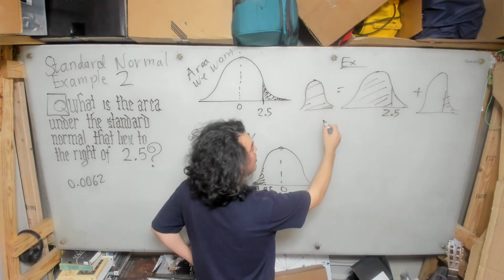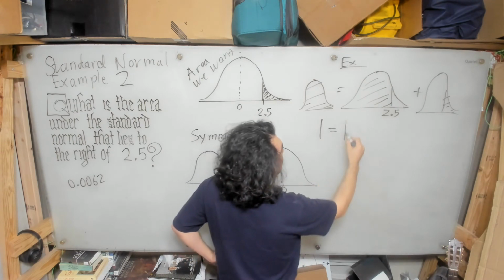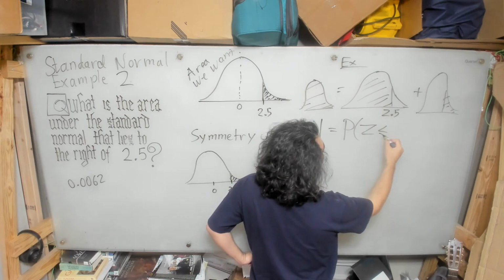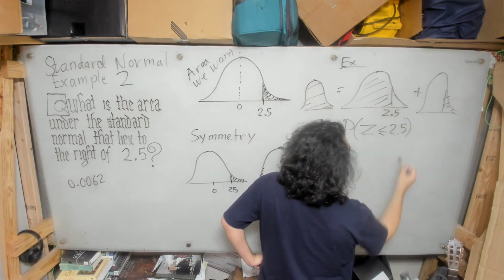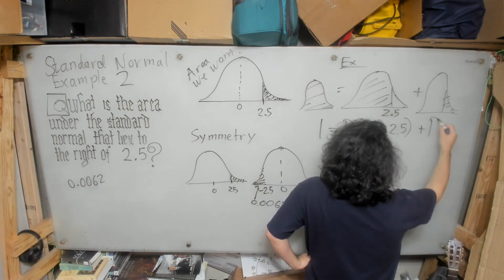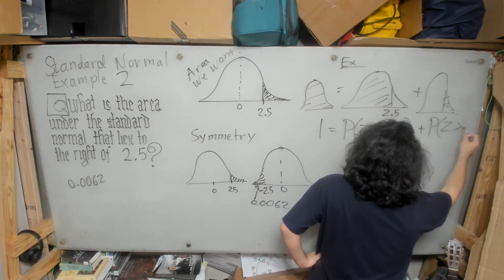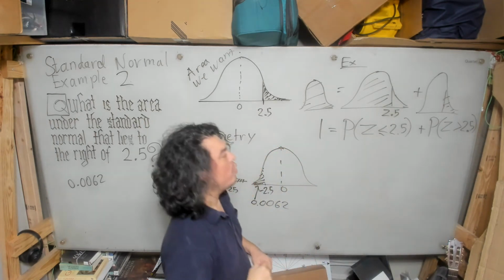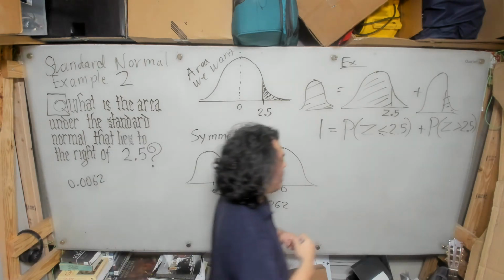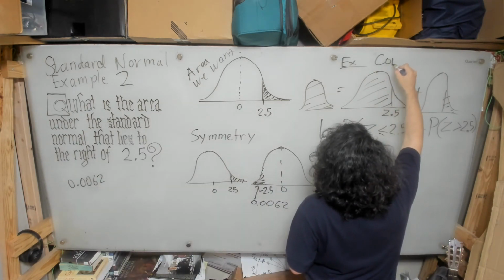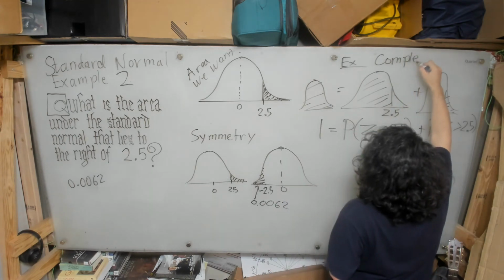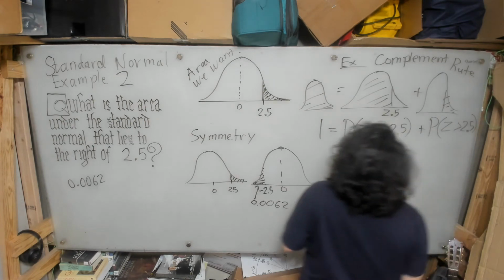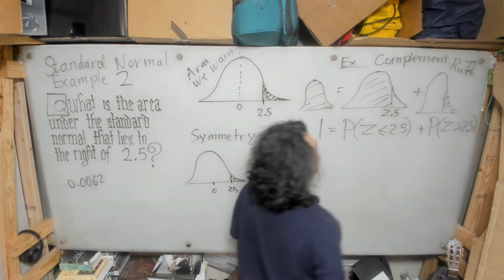And from this, we know that, for example, 1 will equal the probability that z is, let's say, less than or equal to 2.5, plus the probability that z is bigger than 2.5. Here again, I'm reviewing the complement rule because I don't want you guys to forget this.